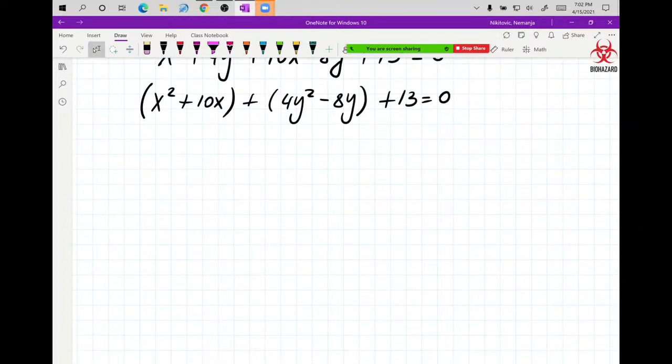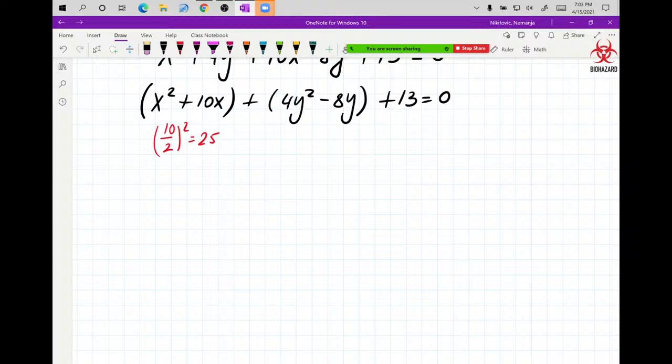So let's see. For the first one, we have 10 divided by 2 squared, which is 25. For the second one, you have 8 over 2, so that's another 8. And no, first you have to factor out the 4.